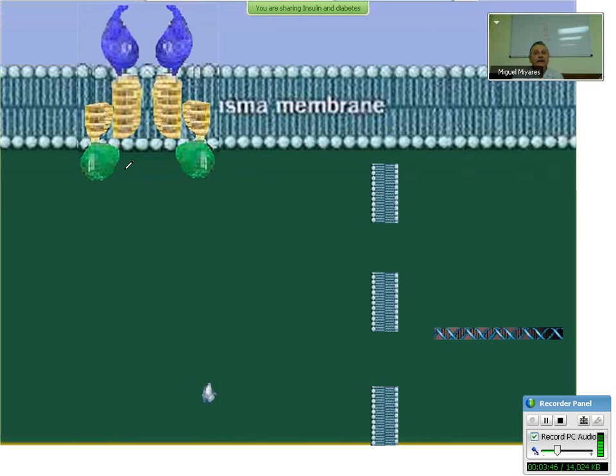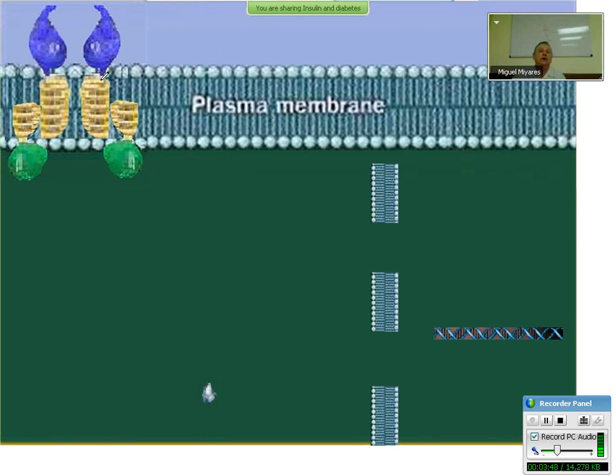Here comes. Insulin receptor has a characteristic. Insulin receptor is different than the receptor of growth factors. Growth factor receptors are simple units that dimerize when they join the growth factor or the growth hormone.